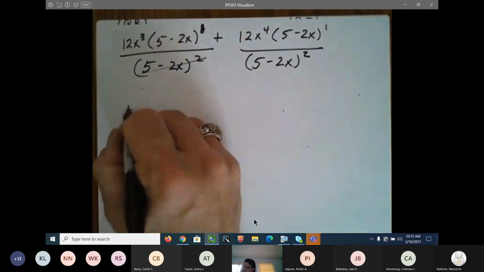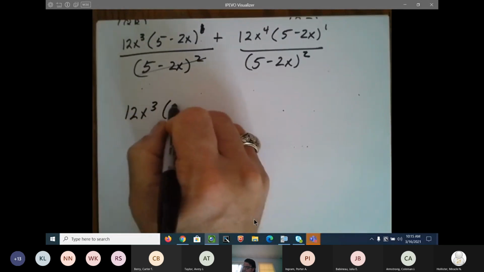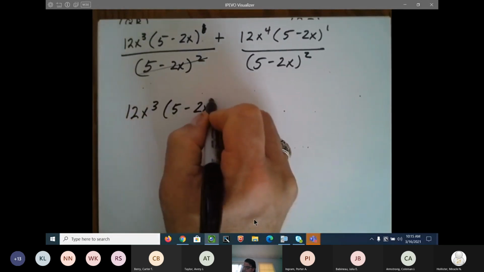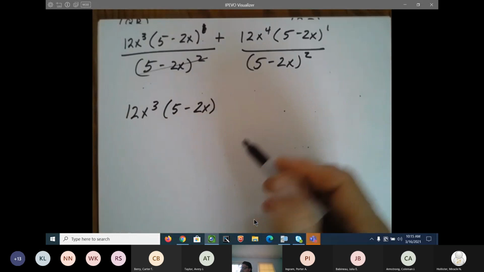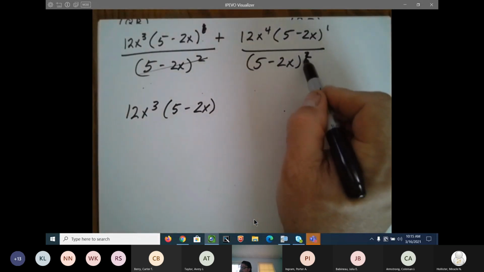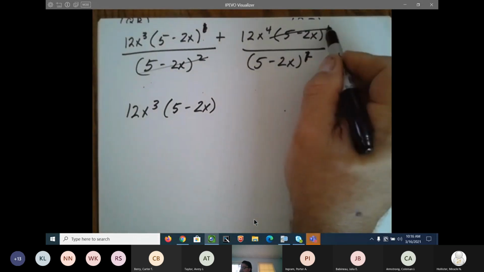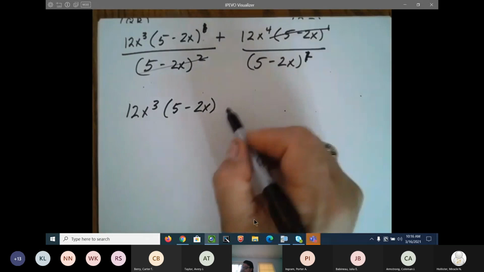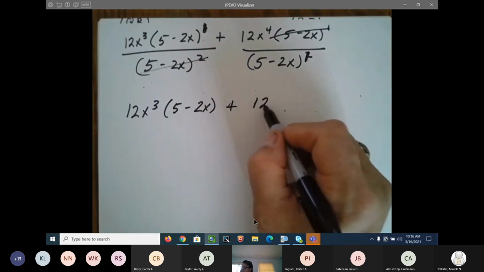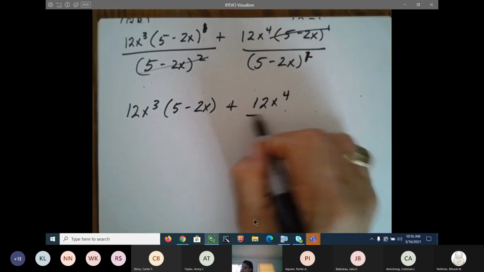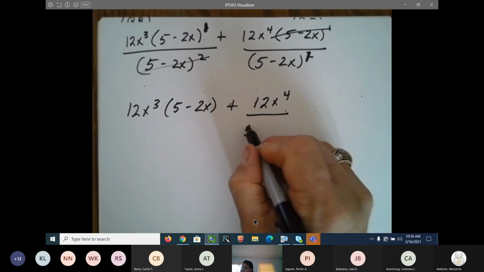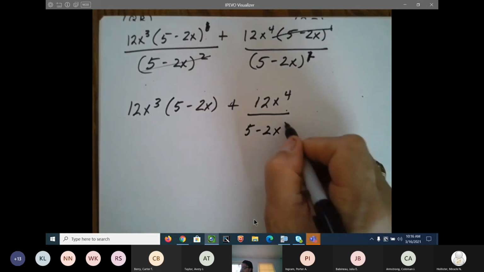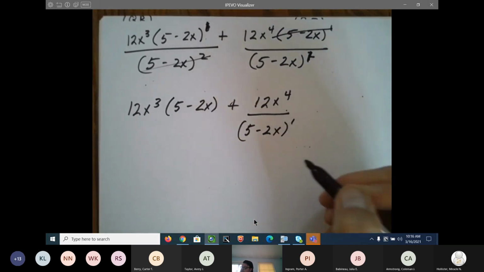So that'd be 12x to the third times 5 minus 2x. This would cancel and leave one of these, but take that one out, plus 12x to the fourth over 5 minus 2x to the first power.